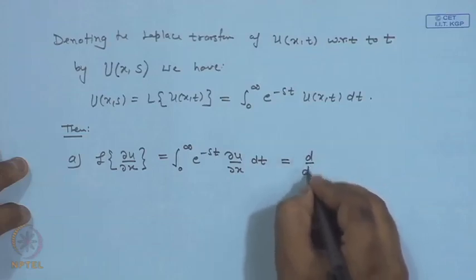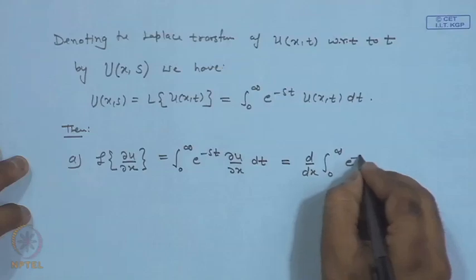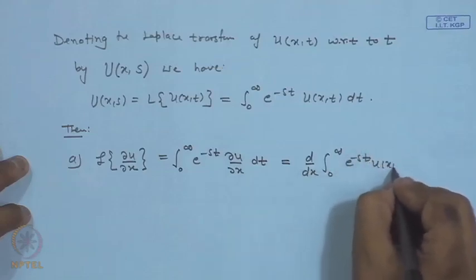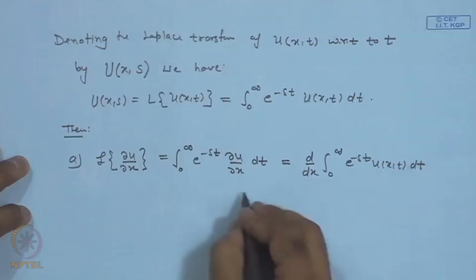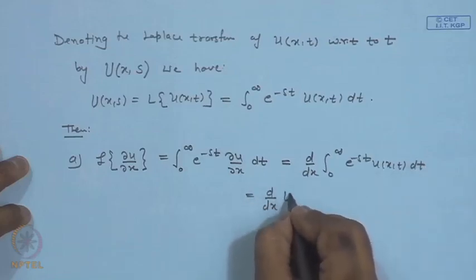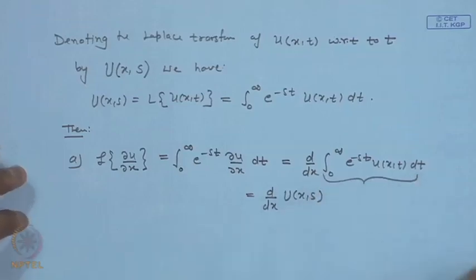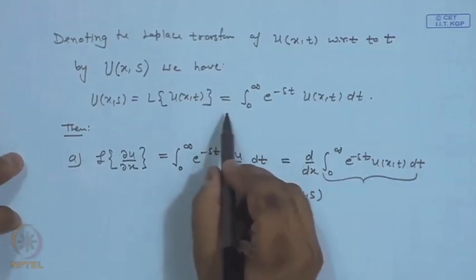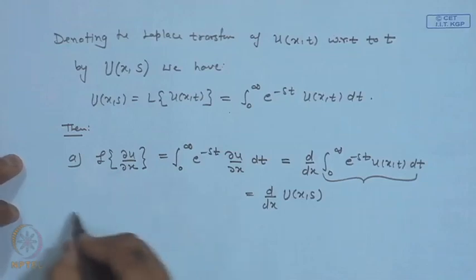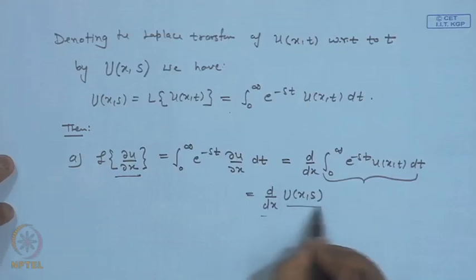So this is equal to d over dx of the integral from 0 to infinity of e^(-st) u(x,t) dt. This is nothing else but d over dx of U(x,s), the Laplace transform of u(x,t) as per our definition. So, the Laplace transform of the derivative is the derivative of the Laplace transform.